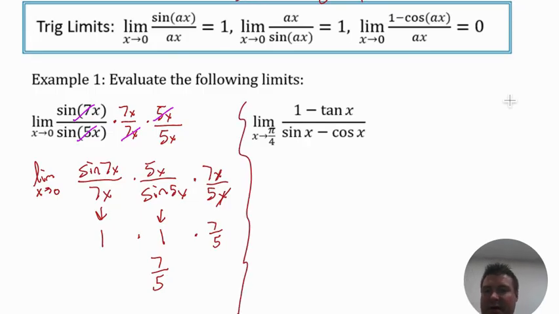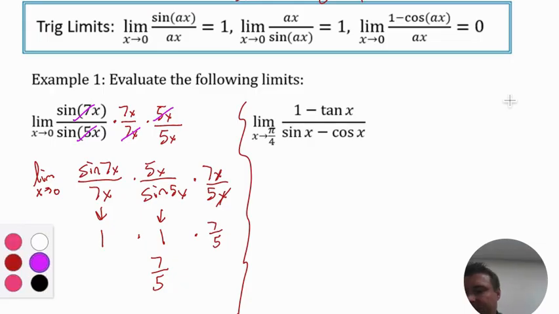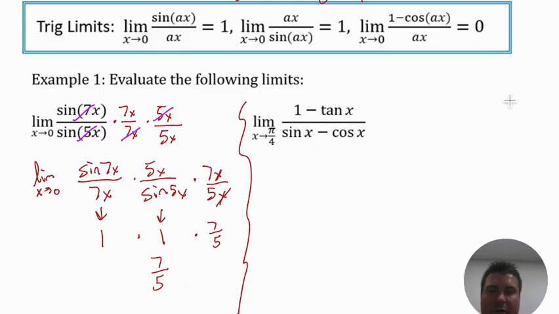Going on to the second problem here. If we plug in a pi over 4 into the numerator, we're going to get 0. Denominator, same thing. We're going to end up with 0. We're going to have to use a little bit of trig identities here, nothing too fancy. Possibly my brain wanted to multiply by the conjugate here, but I'm going to end up with sine squared minus cosine squared, and that's going to end me up with nowhere.